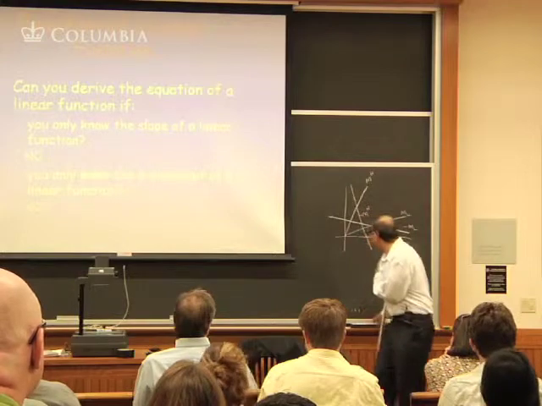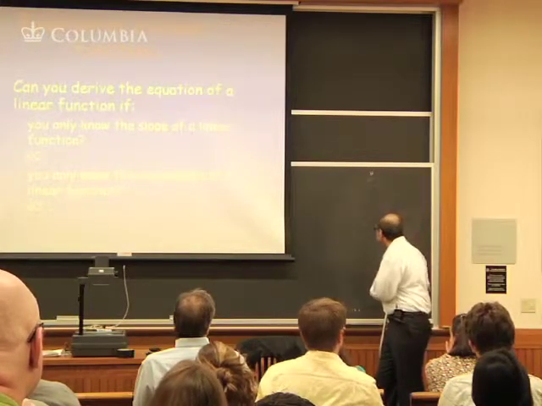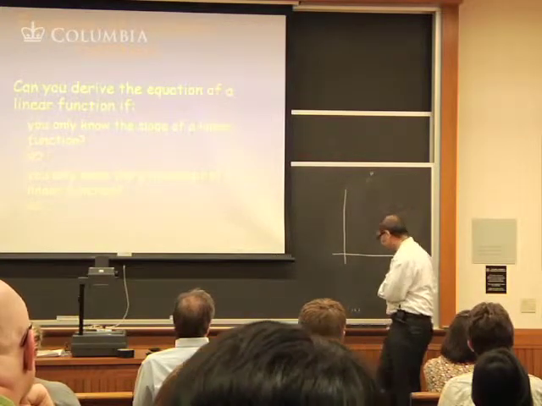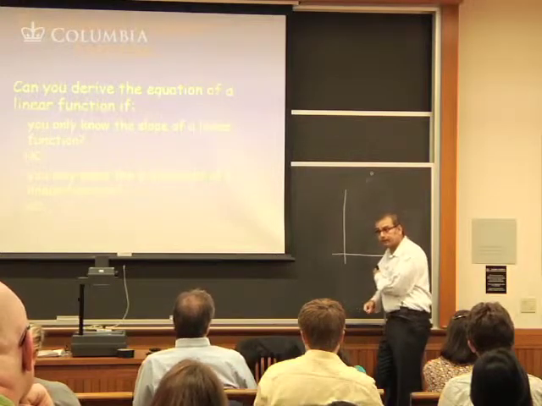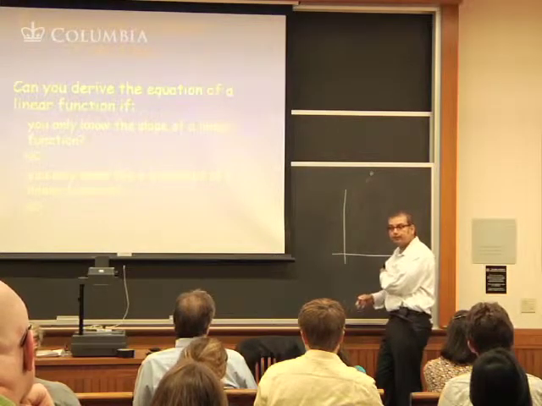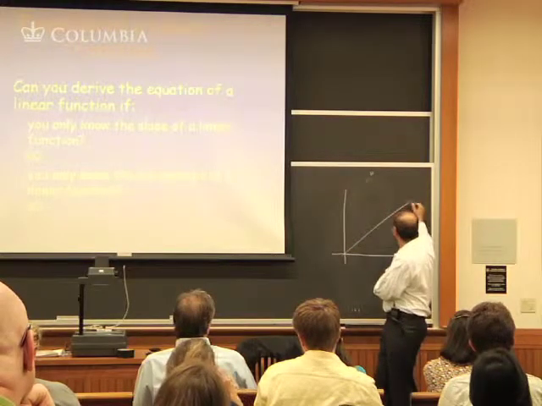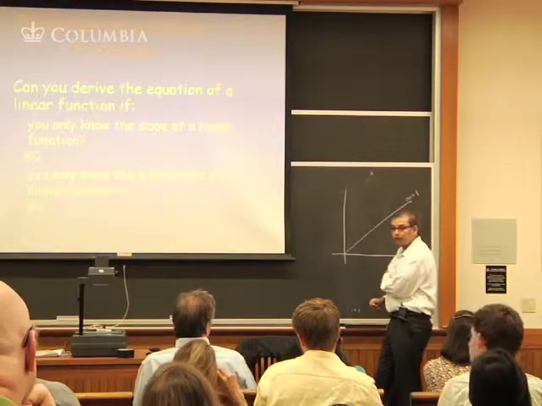And let's take a look at the picture. Okay, so suppose, Richard, you tell me that the slope is equal to 1. That means it has a 45-degree angle to the origin. That means that I know that m is equal to 1.